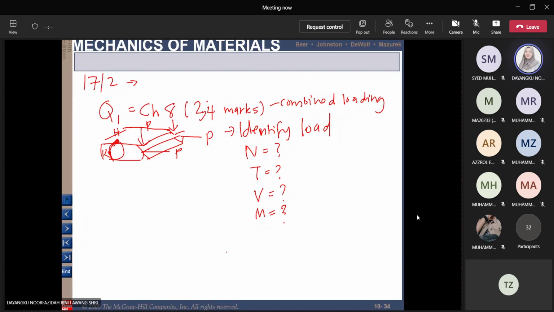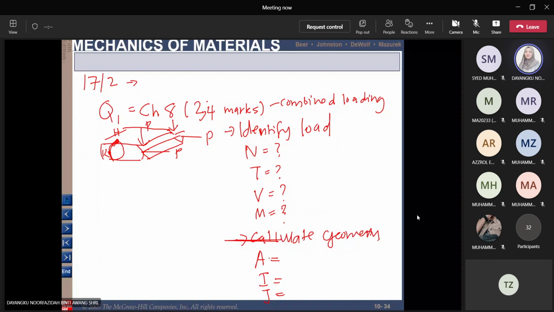Okay, so after you have the loading, calculate the geometry. If you don't have much idea, calculate all these values: area, I, J, if there is J. Because this is all related to the equations there.